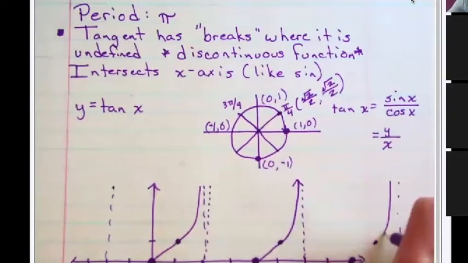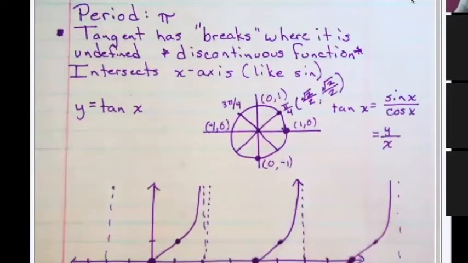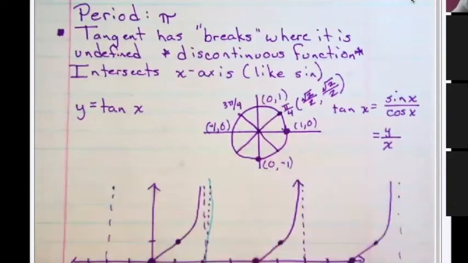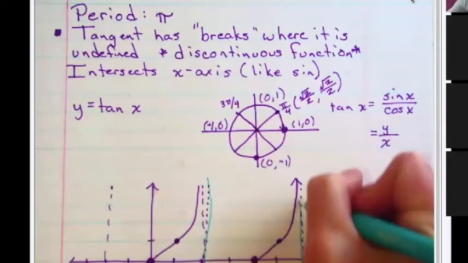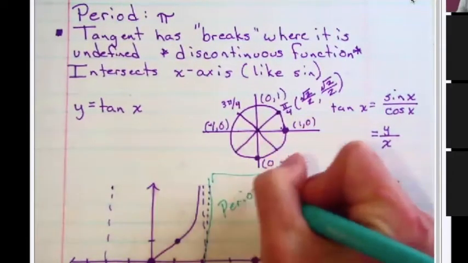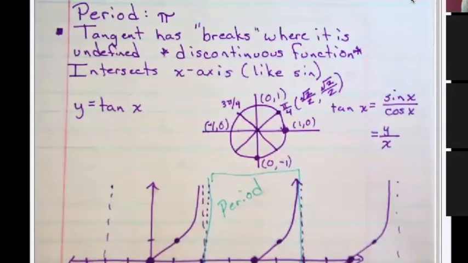But notice from 1/2 pi to 1.5 pi, I've got one of those nice little squiggly shapes. And that's one period of my graph. So remember I said the period was pi. So it takes one whole pi to get one whole repetition of that graph.